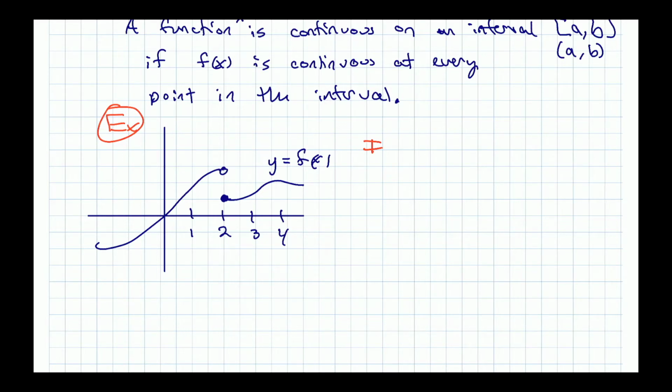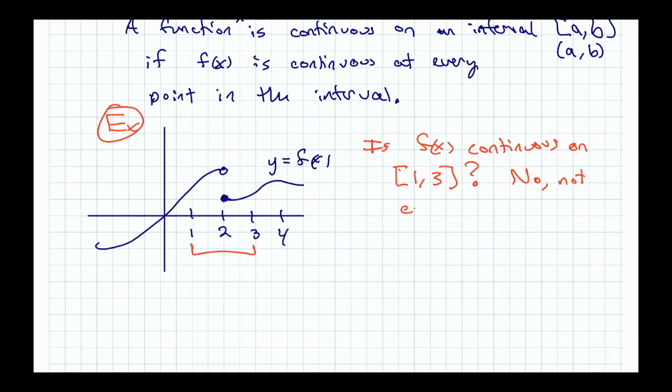Is f of x continuous on 1 to 3? Of course 1's here, 3's here, so this is the interval. Then the answer is no, because at 2 there's a problem. No, because it's not continuous at 2.